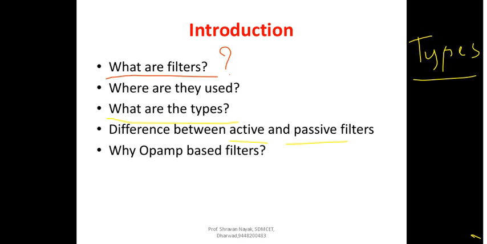Now, based on the order of the filter, right? I have already spoken about the second order filter in the previous slide. The order of the filter means, whenever the filter is blocking certain frequencies or signals of some frequency range, how sharply it is going to block those signals is decided by the order.